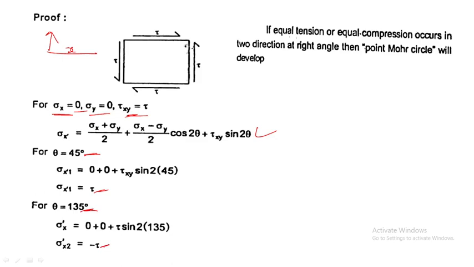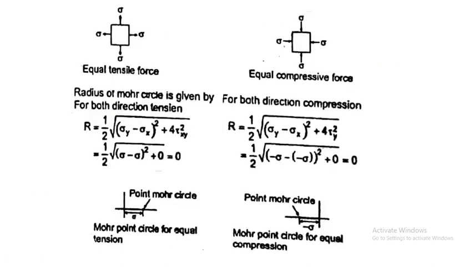If equal tension or equal compression occurs in two directions at right angle, then the point Mohr circle will be developed, right? If it is an equal tension force and equal compression force, in all directions, if this one is in tension and this one is in compression, we can say this is first, this is second and this is third point.